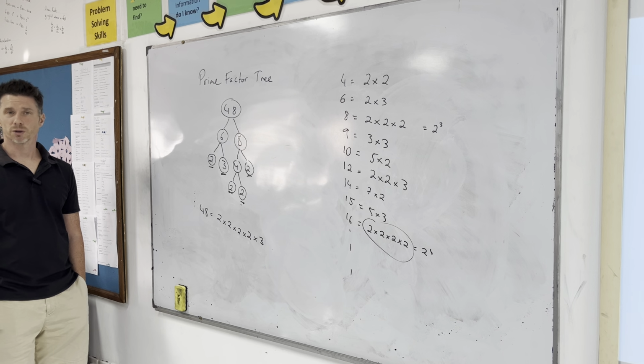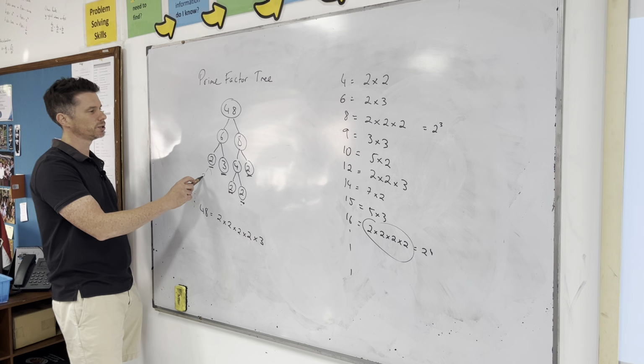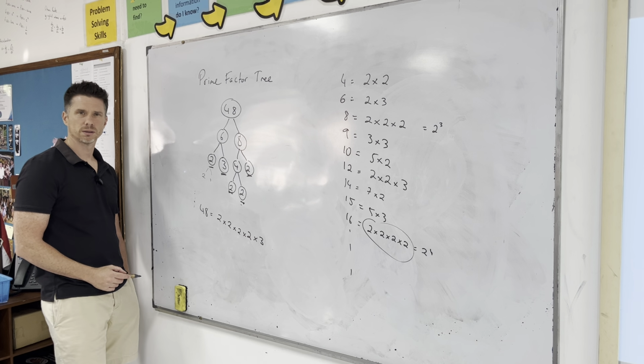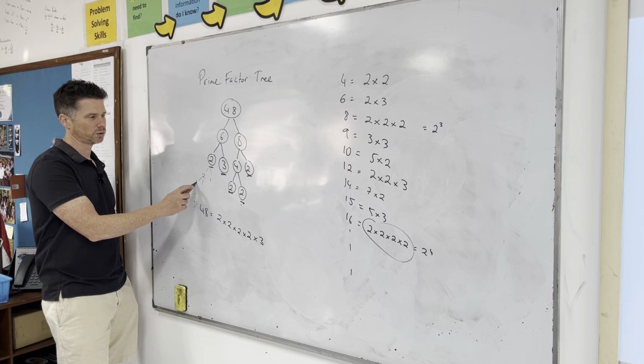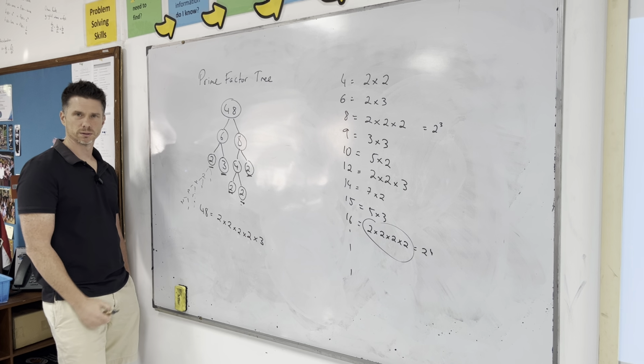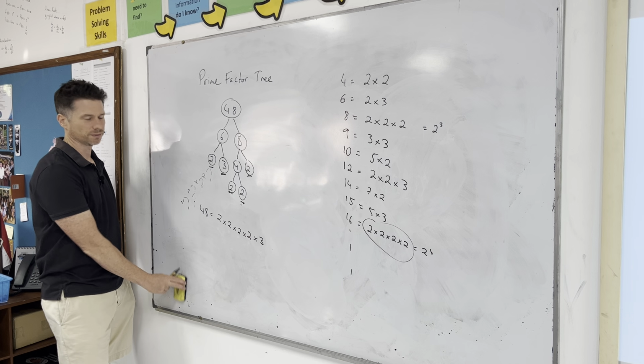So is there a reason we stop at primes? Why don't we go 2 times 1 here? Because we'd have to go 2 times 1 forever. Yeah, that's an infinite pattern.